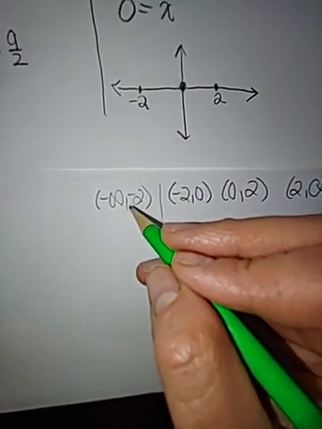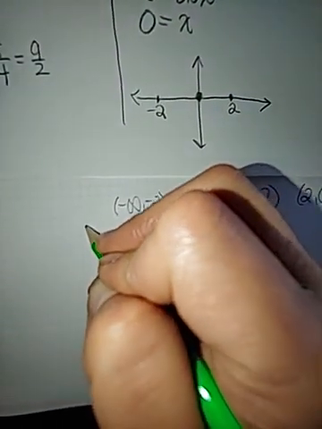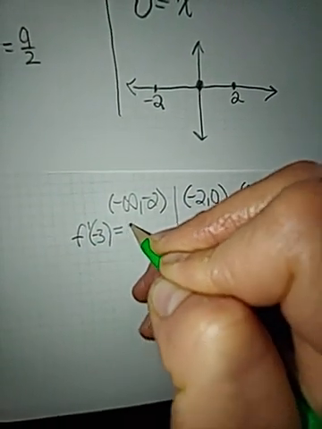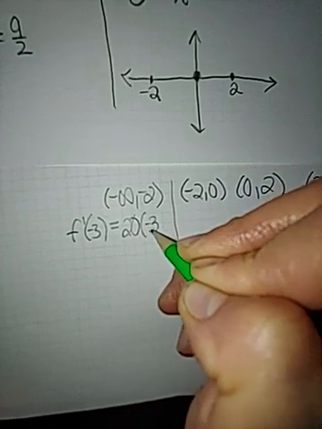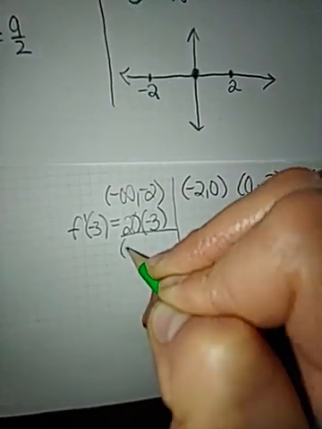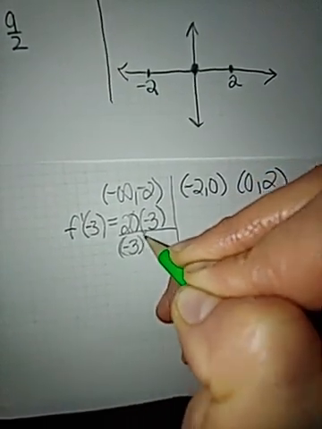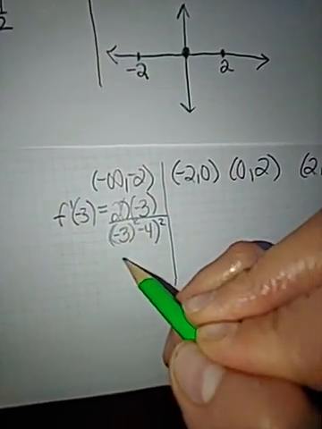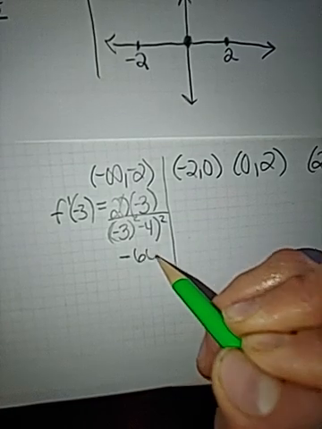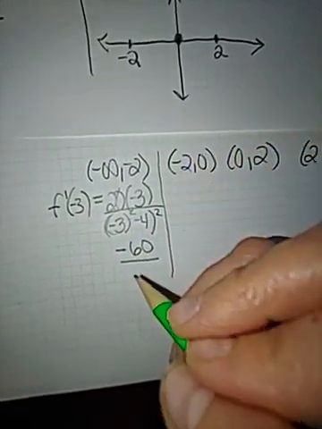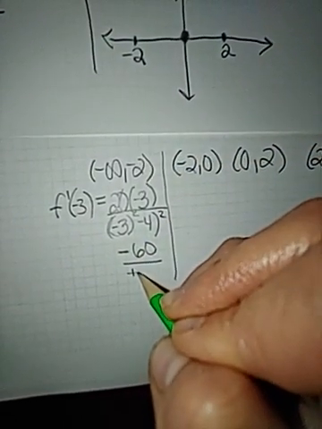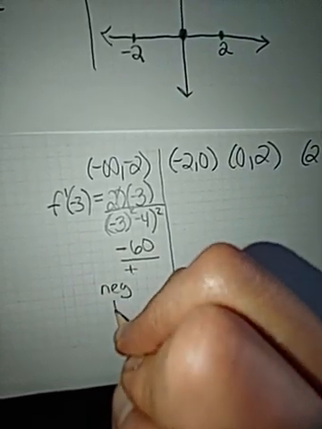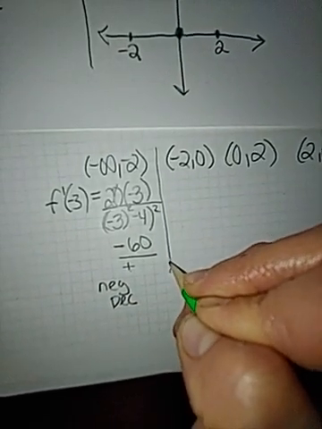Okay, so if we test -3 into the first derivative, I get a negative number on top, and I get a positive number on the bottom. So negative divided by positive is negative, which means that we're decreasing on the interval.